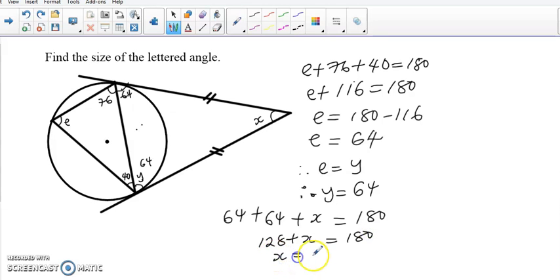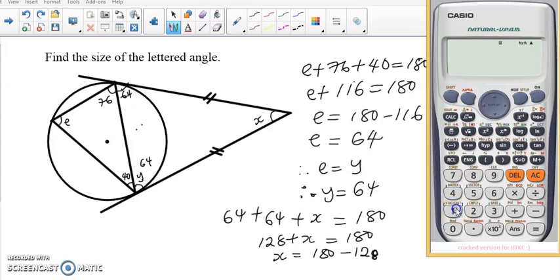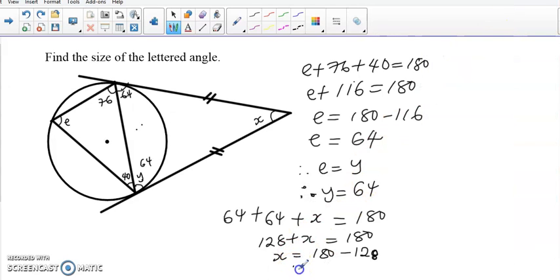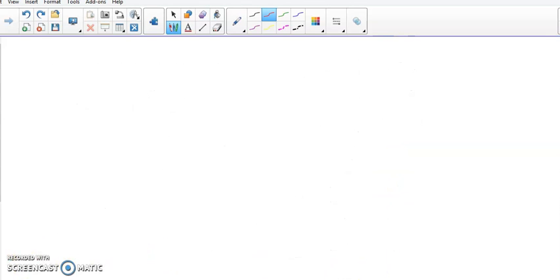Subtract 128 from both sides. We have 180 minus 128. That gives us 52. So x is equal to 52. So that's how we solve the problem. Thanks for listening.